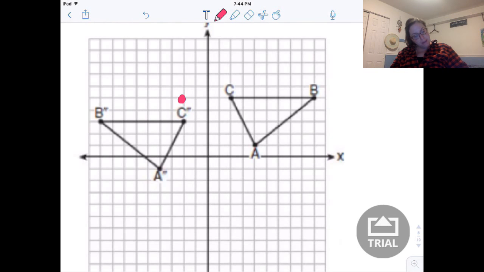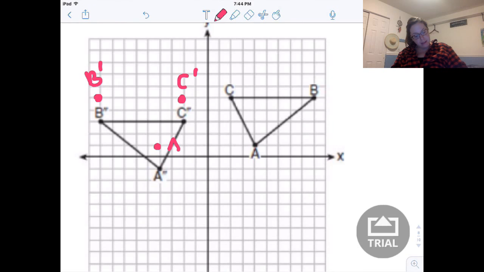That will be C prime. B is more than 2 away. Let's see, 2, 3, 4, 5, 6, 7, 8, 9 away. So that's going to map to 9 over on the other side of the y-axis. So that would be B prime. A is 4 away, so that's going to map to 4 away over here. So that would be A prime.